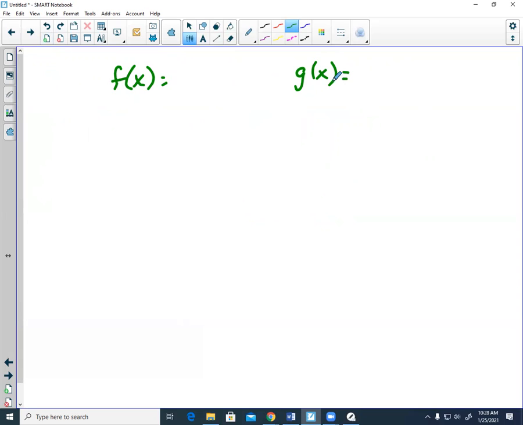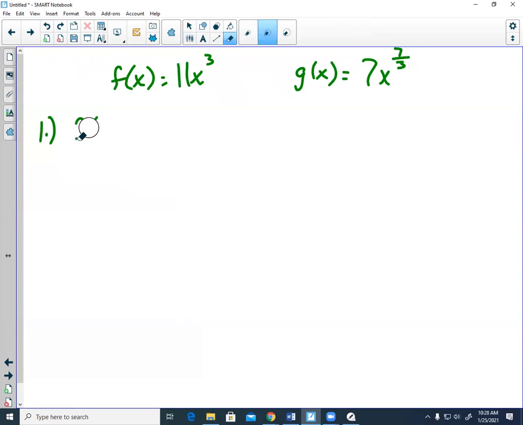So let's say that we've got 11x to the third and 7x to the 7th. So let's say that we have something like this. What I want you to try to find is fg of x.